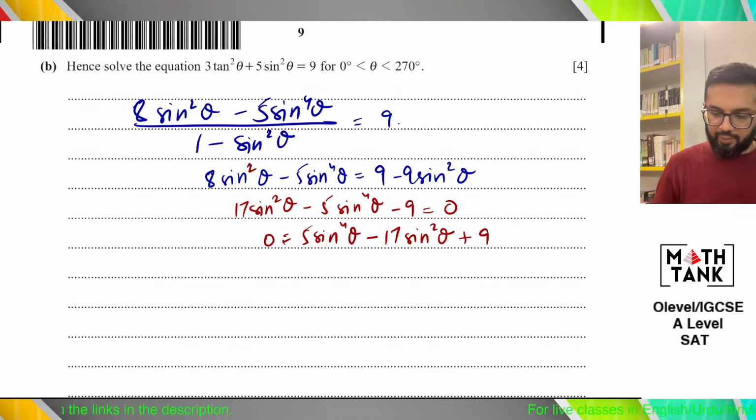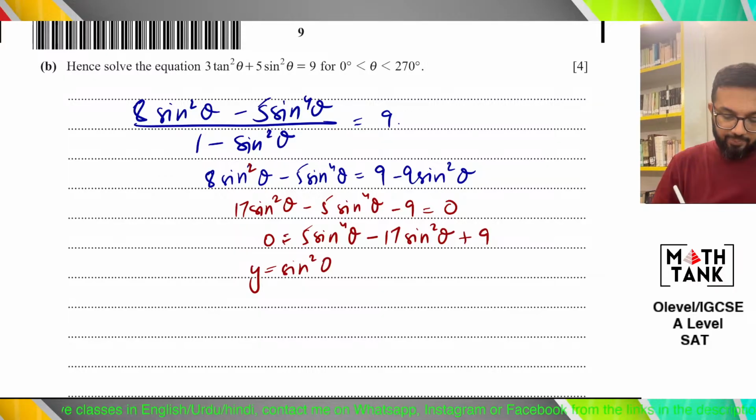So I have 5, minus 17, 9. I just want to check if I've done everything else correctly. So y equals to sine square theta.